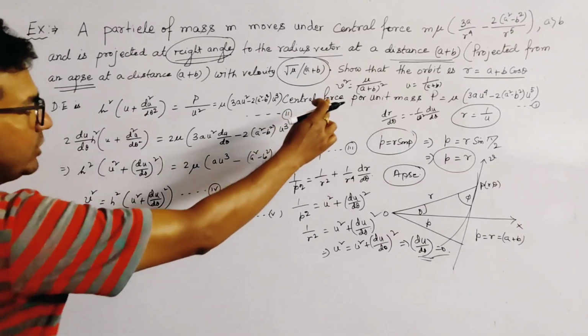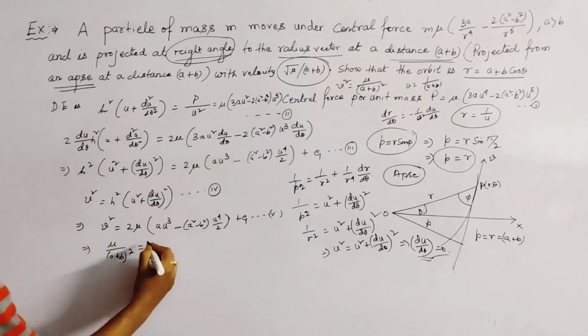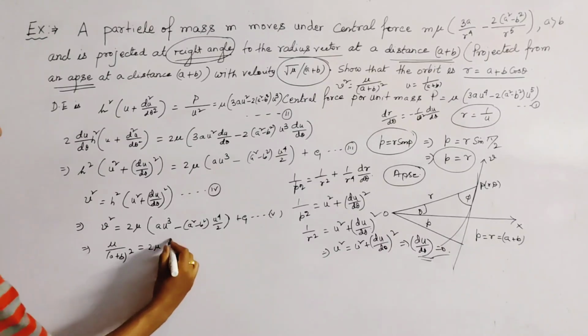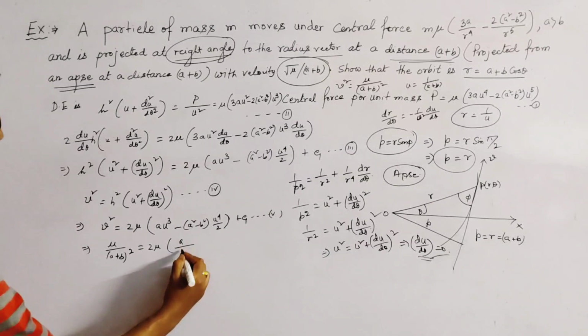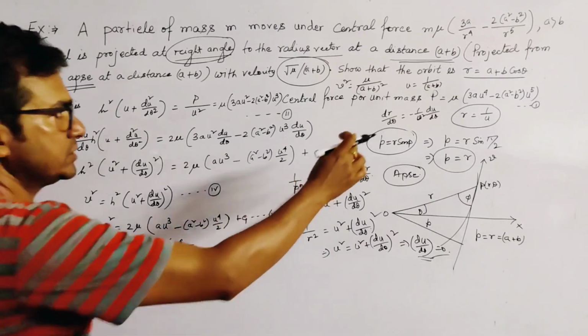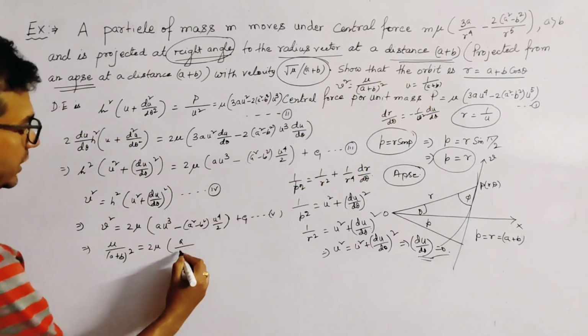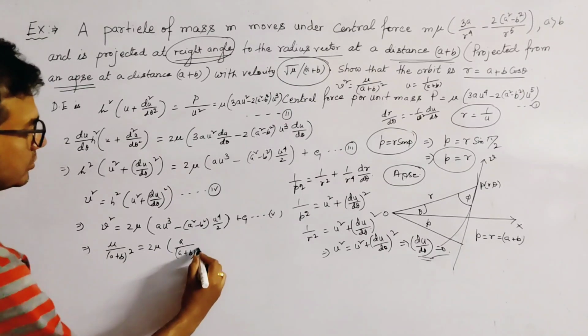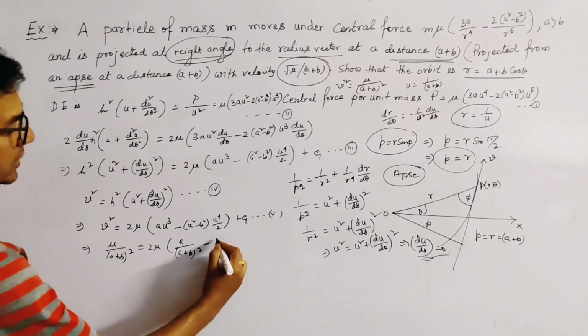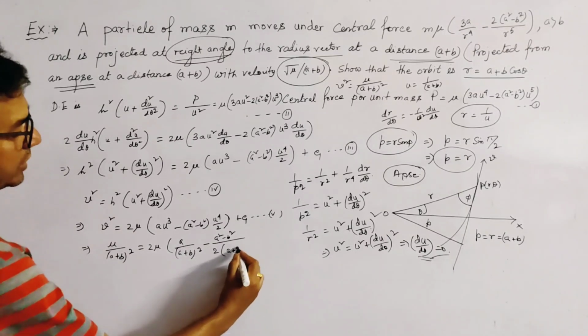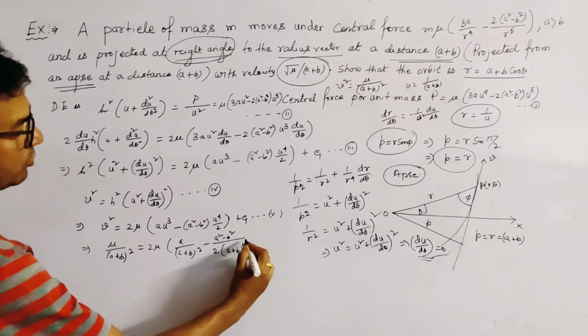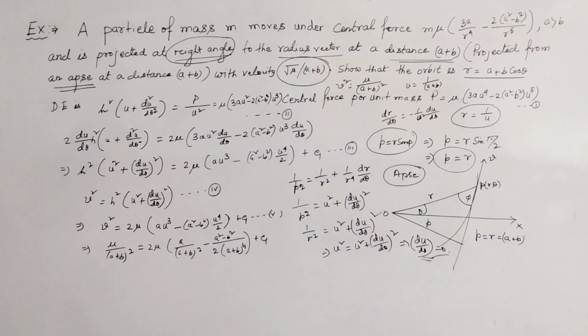This is the velocity expression, and 2 mu into a by u square means 1 by a plus b whole square, that is a plus b whole square minus a square minus b square by 2 into a plus b whole to the power 4 plus c1.